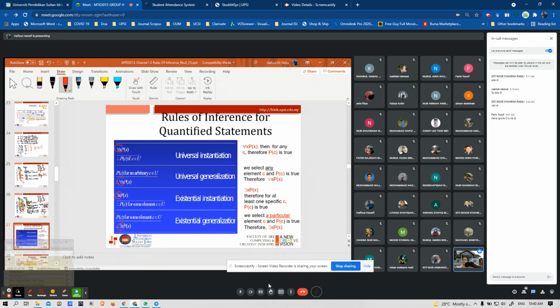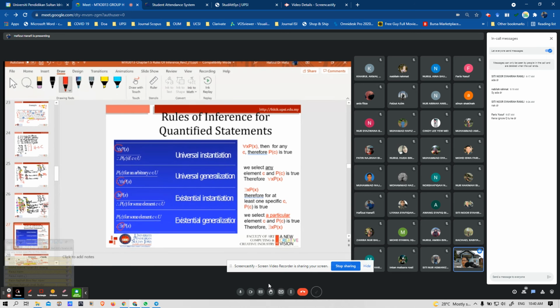Okay, this one is rules of inference for quantified statements. We have universal instantiation, universal generalization, existential instantiation, and existential generalization. For universal generalization, we select any element C and P(C) is true, therefore we have for all x, P(x).